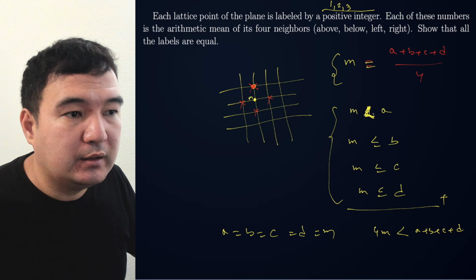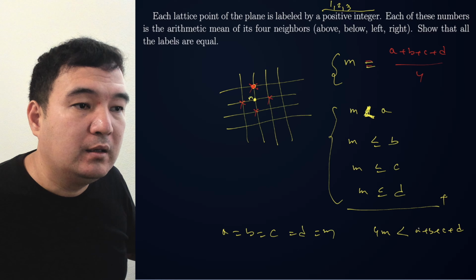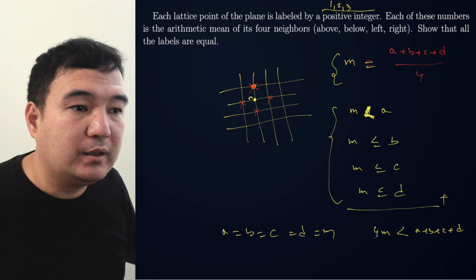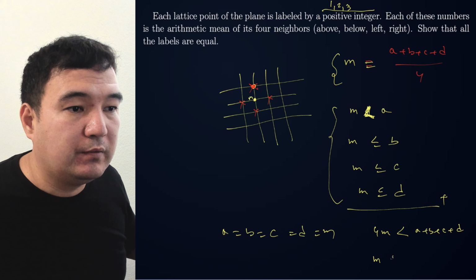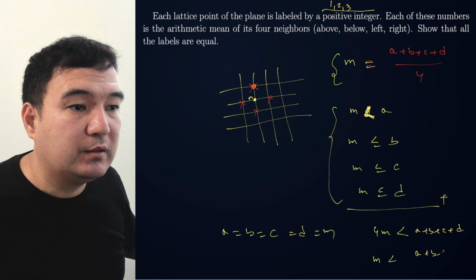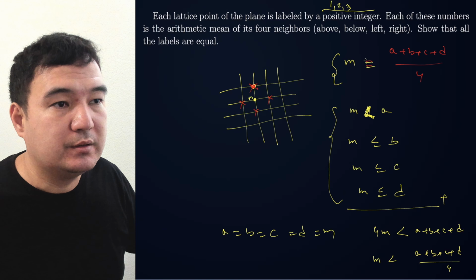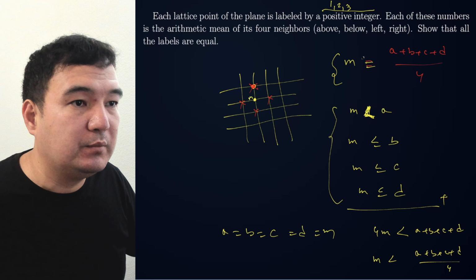Because of A, the sum will be strictly greater than 4M. If you divide both sides by 4, you get that their arithmetic mean is strictly greater than M, which is a contradiction by the statement of the problem.